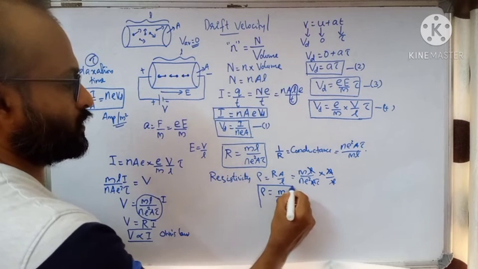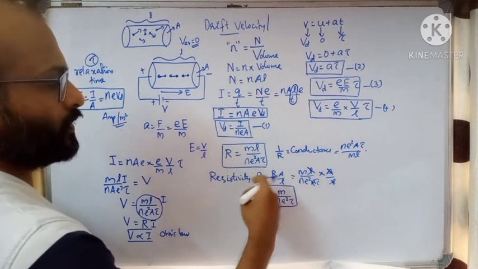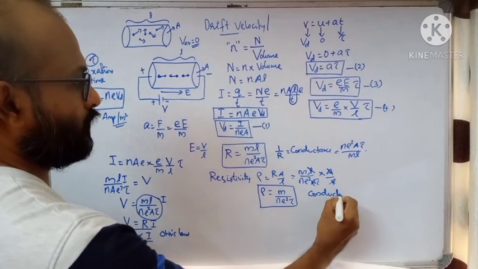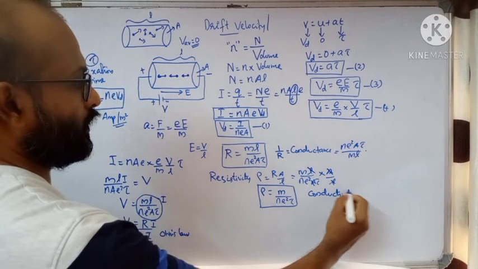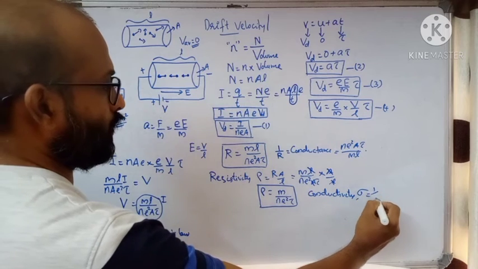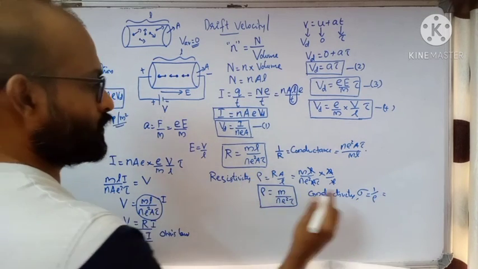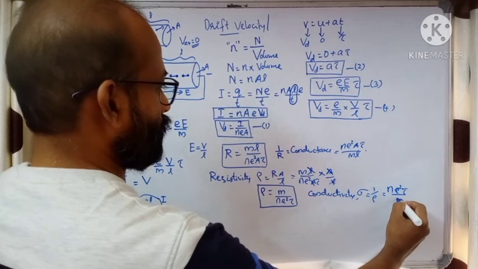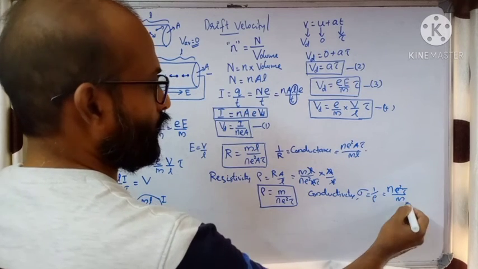This is the equation of resistivity. Take the reciprocal, which is called conductivity, with the symbol sigma. Conductivity sigma is equal to 1 by rho, which is ne square tau divided by m.